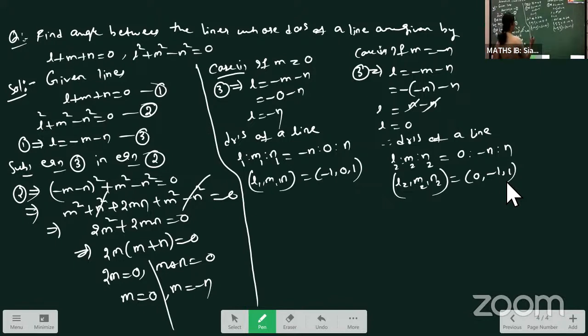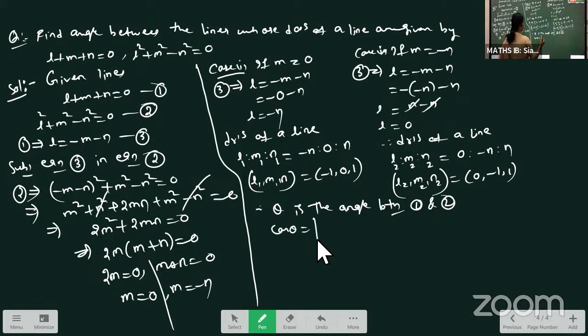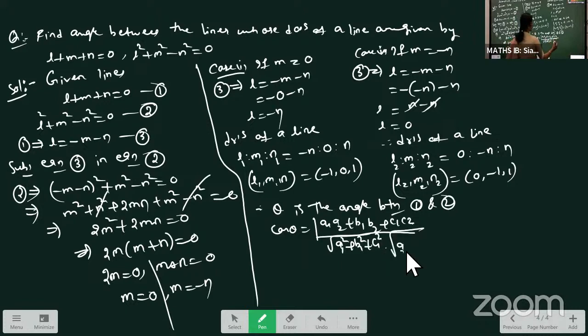We got l1, m1, n1 and l2, m2, n2. Directly apply the formula. Therefore, theta is the angle between equation 1 and equation 2. So cos theta is equal to modulus of a1 a2 plus b1 b2 plus c1 c2 by under root of a1 square plus b1 square plus c1 square into under root of a2 square plus b2 square plus c2 square.